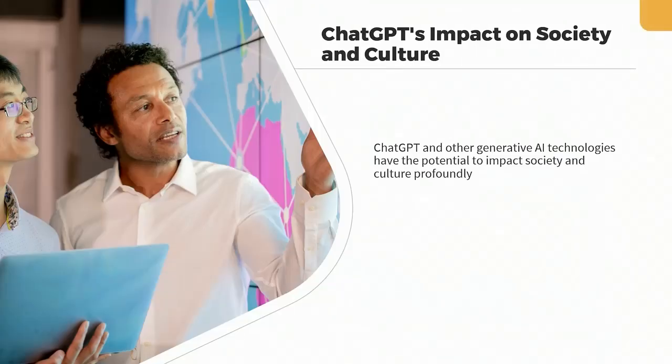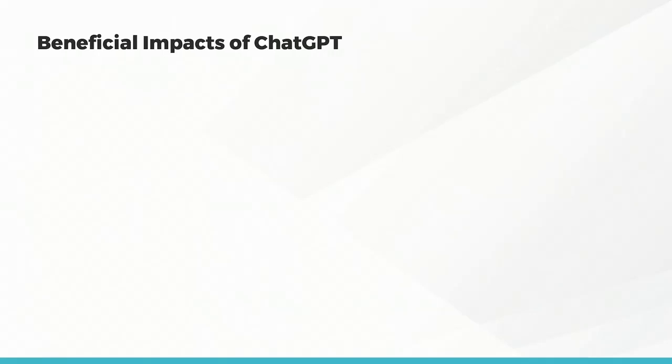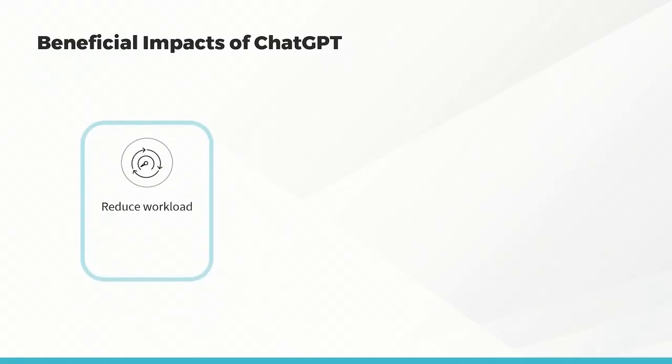ChatGPT and other generative AI technologies have the potential to impact society and culture profoundly. Their ability to complete a variety of tasks automatically and with unprecedented speed and accuracy can help us all be more efficient, reduce our workloads, and allow us to devote time to tasks that are most important.